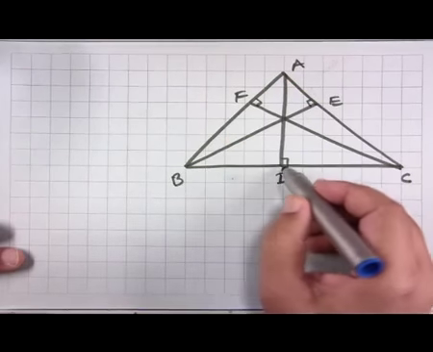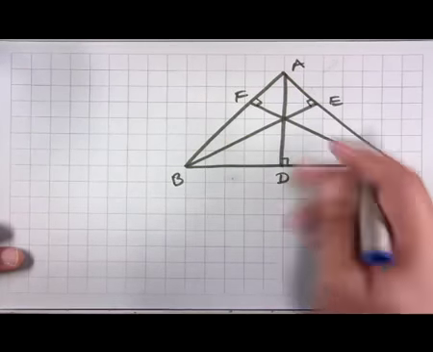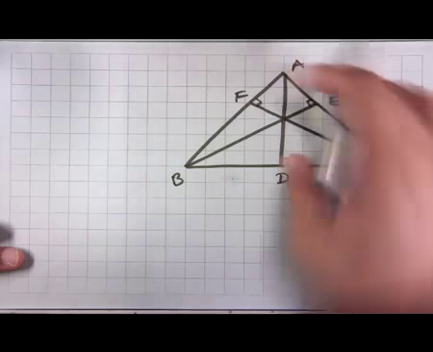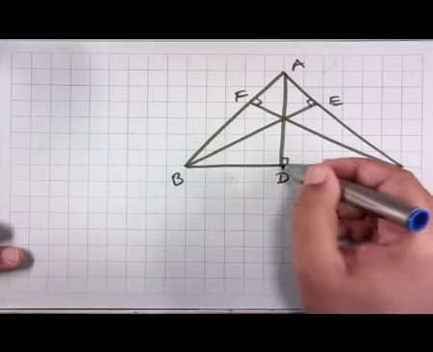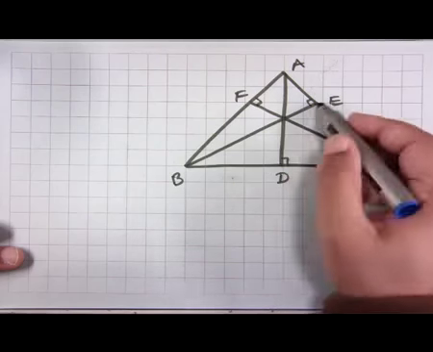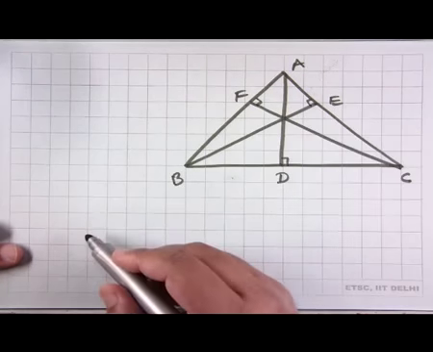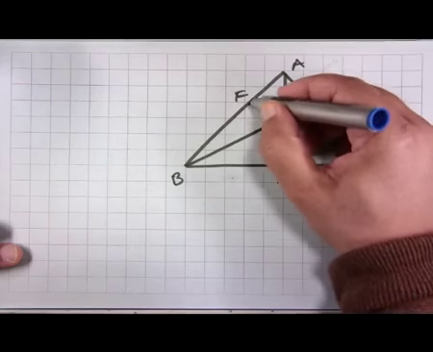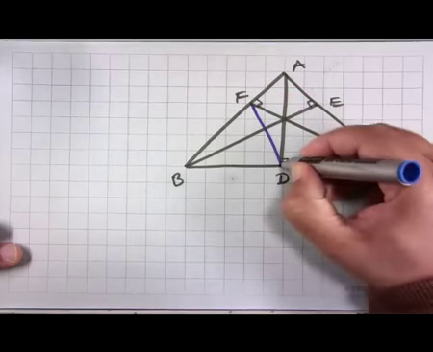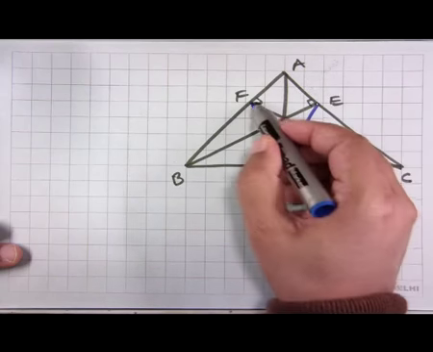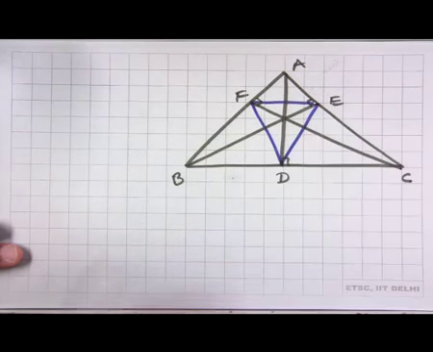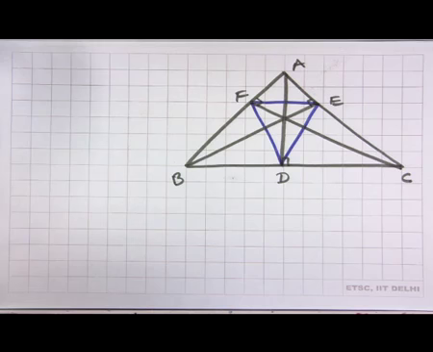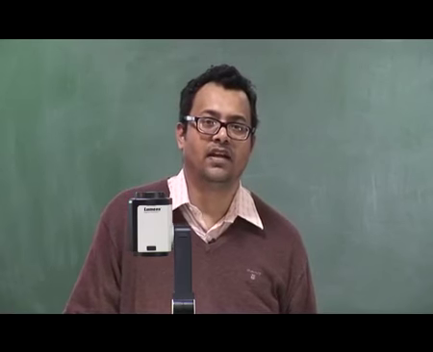Now, these points where the perpendicular intersects with the opposite side are called pedals. So, these points D, E and F are pedals, and if we join all these pedals by straight lines, then we get this triangle FDE, which is called the pedal triangle of the triangle ABC.